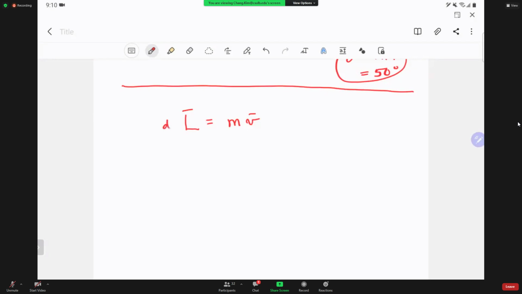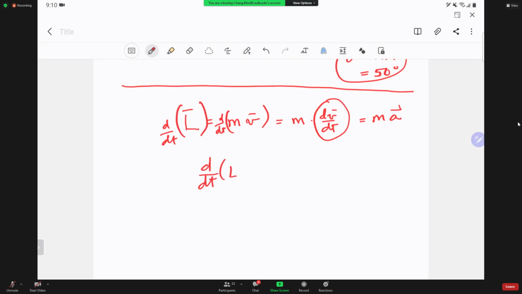If I take the derivative with respect to time, this is m times dv/dt. The time derivative of the velocity is your acceleration. Therefore, the time derivative of L should be equal to m times acceleration, which is a force.